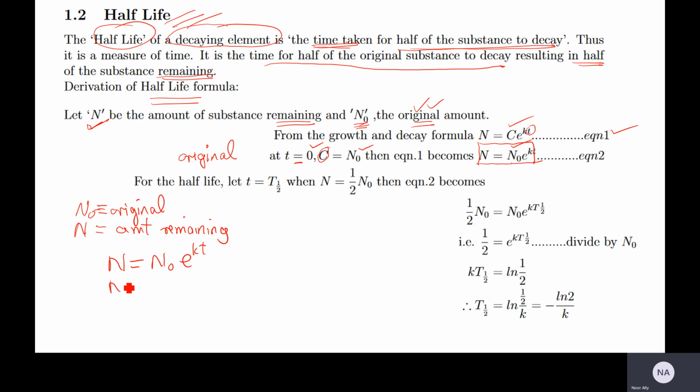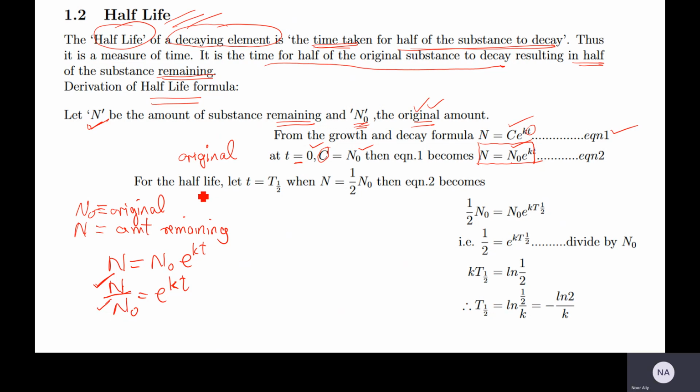I can divide by N0 and I get N over N0 is equal to e to the power kt. Now, some textbooks also use this form, and you may use it as well, because this is a fraction where N0 is the original amount, and N is the amount remaining. So that gives you an idea of the fraction.